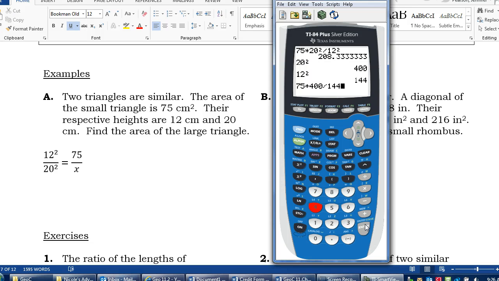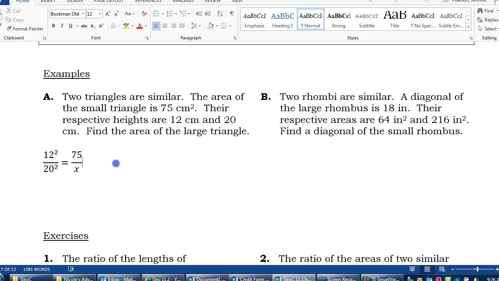And that gives you the same answer. 208.3 repeating centimeters squared.